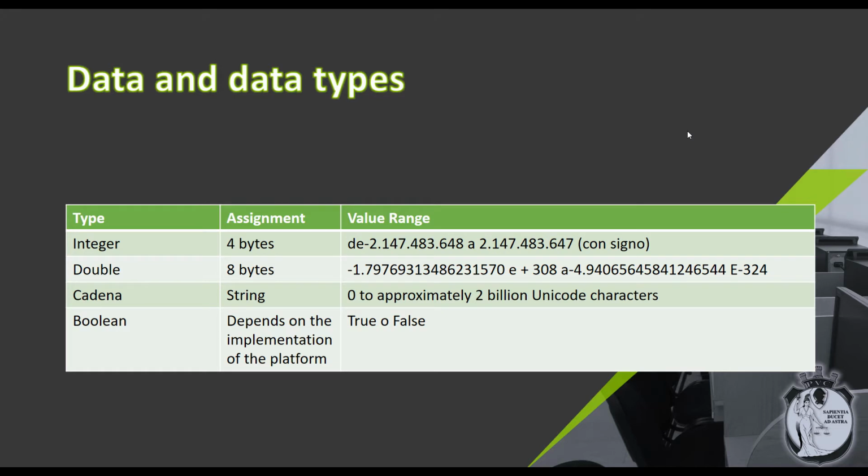The data and data types. We will use these kinds of data: integer, double, string, or boolean. This is the range of values that can be used in every kind of data.